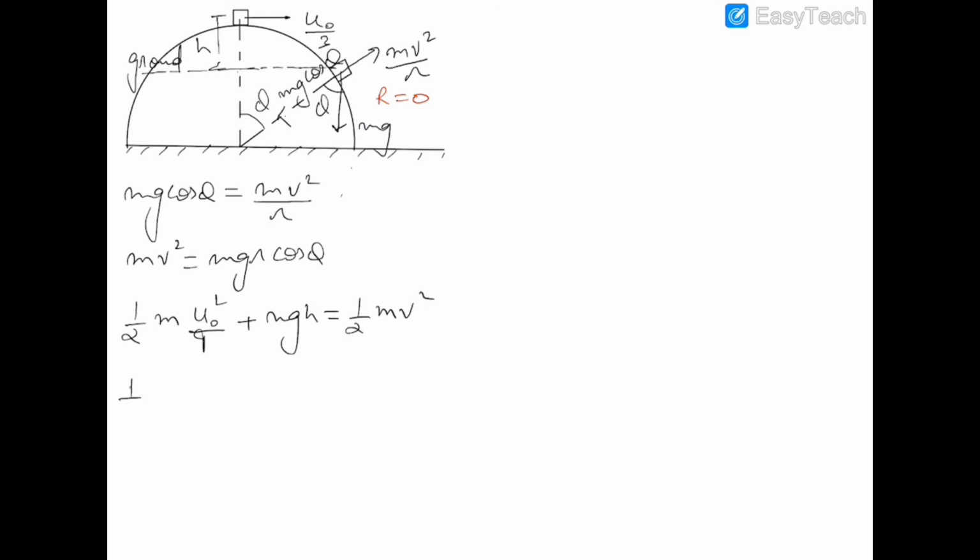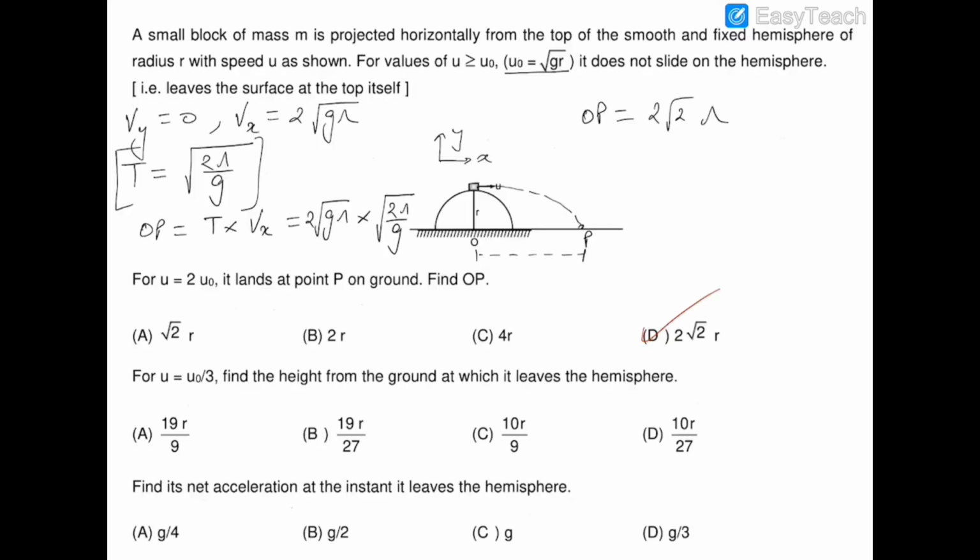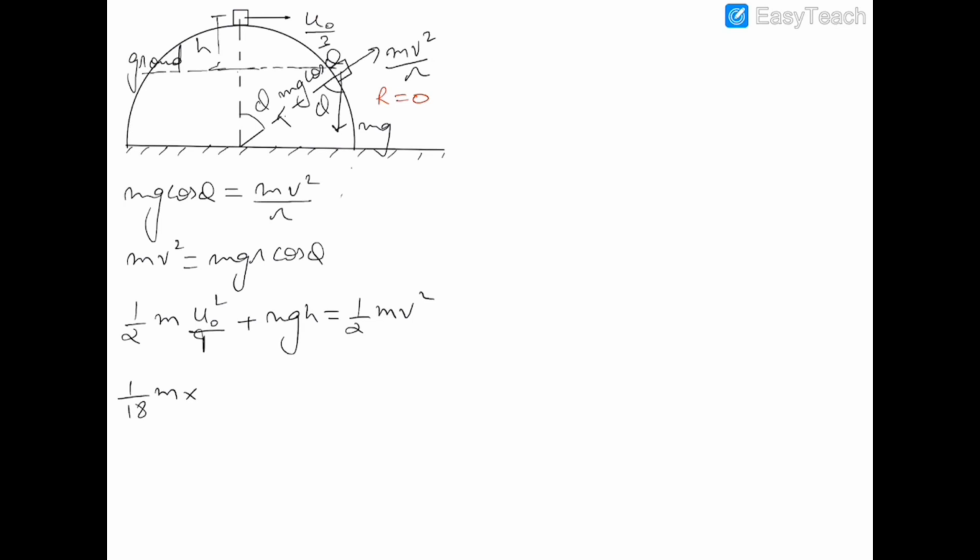Now half m u naught square by 9 is in fact 1 by 18 m, and u naught is root gr, so it is gr, plus mgh, where h will be equal to r into 1 minus cos theta, and this half mv square will be equal to mgr cos theta by 2.